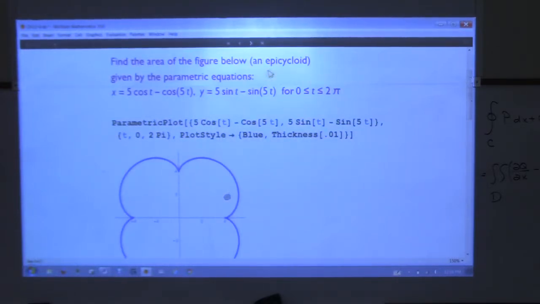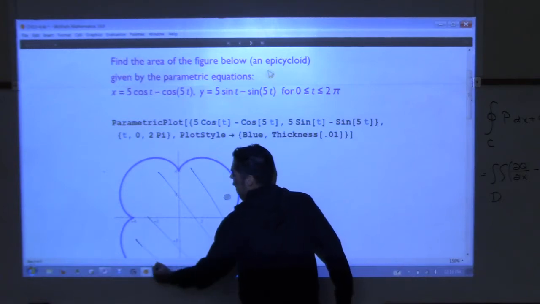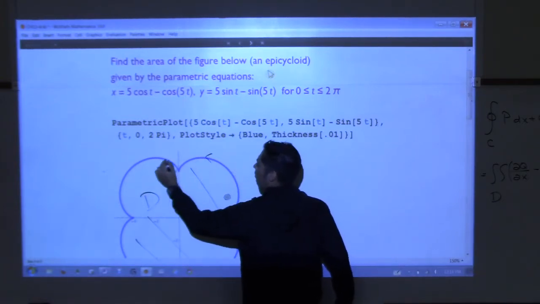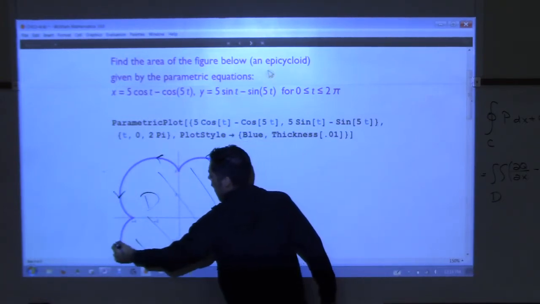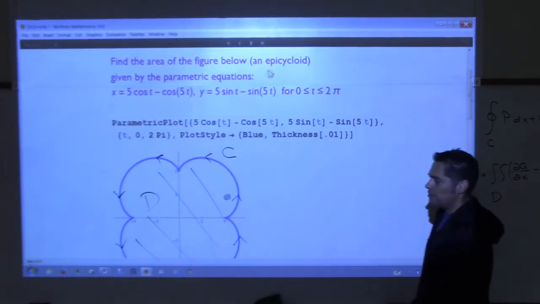use Green's theorem. For Green's theorem, to find the area of this, we're going to say, look, this in here is D, right? The curve going around it, all the way around, back around, that's C. Yes?